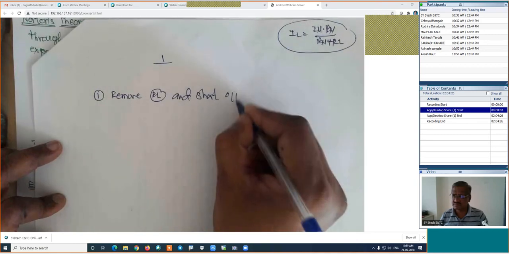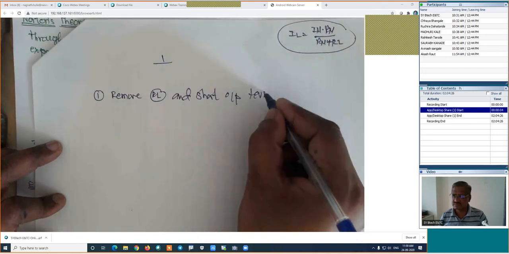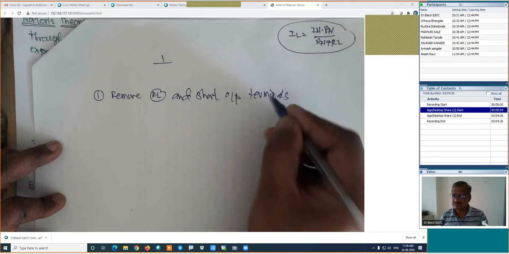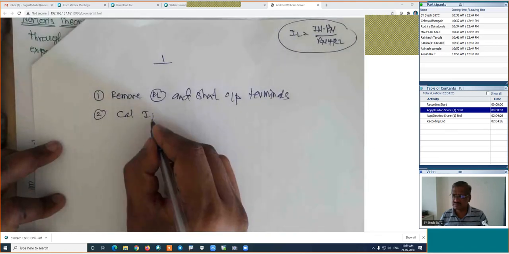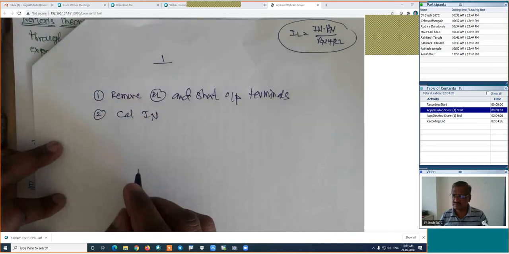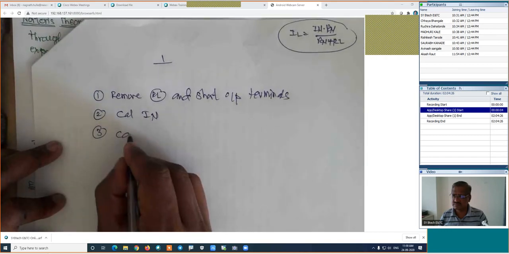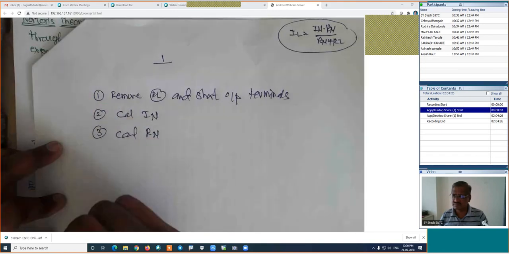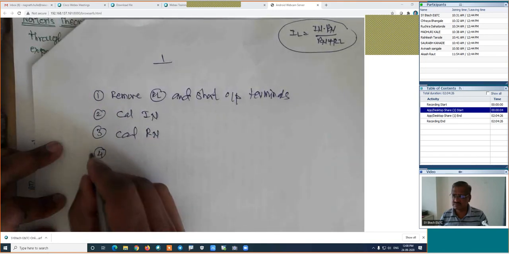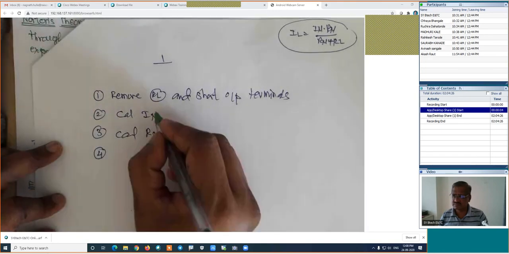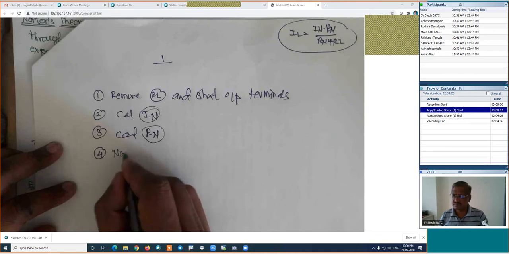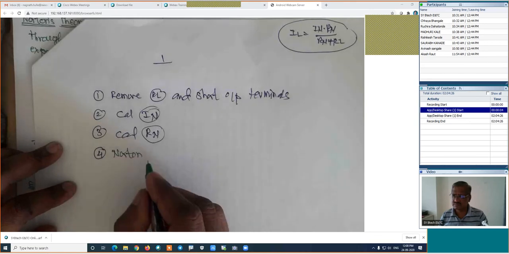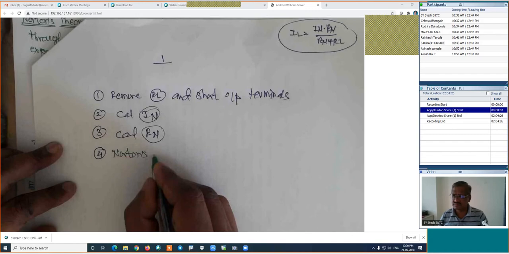Second step is the calculation of IN, that is Norton's current. Third step is calculation of Norton's resistance, that is Rn. And the final step is that when we know IN and Rn, the complicated network will be replaced by Norton's equivalent network.